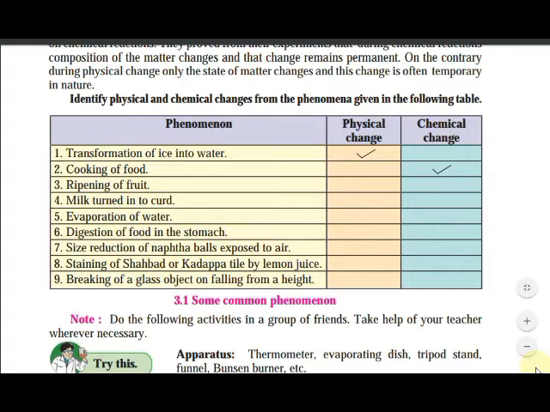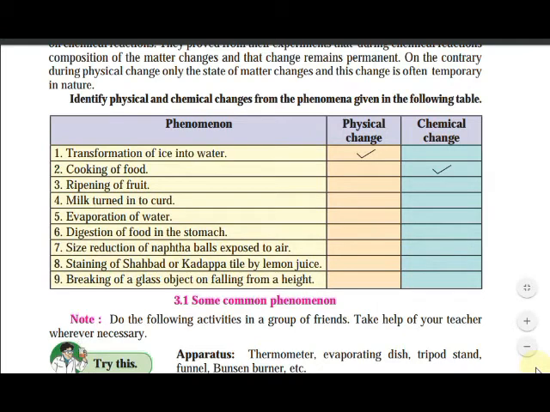Digestion of food in the stomach. When we eat food, it goes through the alimentary canal into the stomach. Acids are there in the stomach, and the food is digested. Yes or no? When food is digested, which change is seen over there?